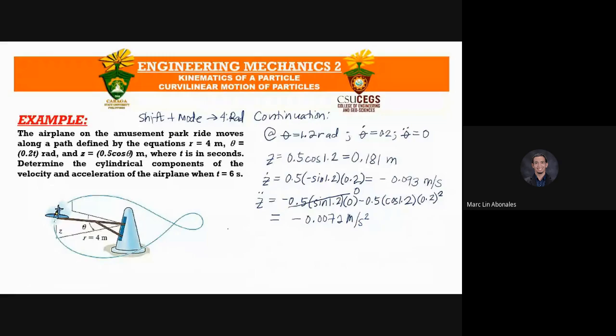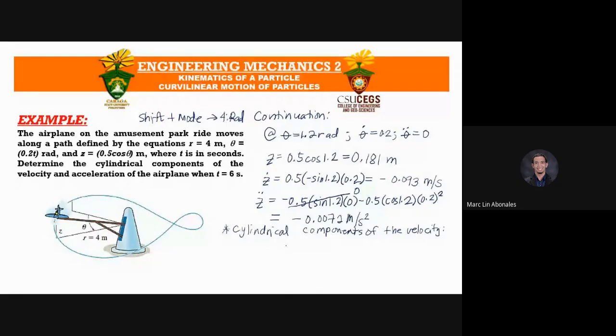So for the cylindrical components of velocity, ang iyahang component form or ang iyahang vector form is VR times the unit vector UR plus V theta times unit vector U theta.